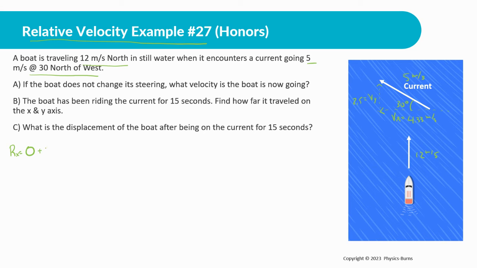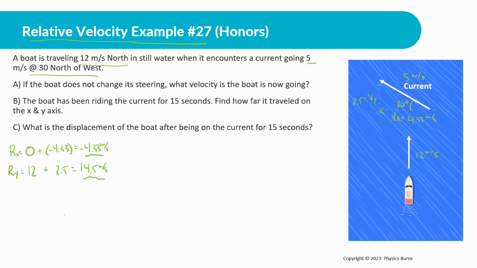Plus the current's going to be pushing it, I'm going to say negative 4.33 because the current's going to be pushing it to the left 4.3. So I'm going to total negative 4.33 meters per second. And the resultant vector in the y, the boat's going 12 up, and the current's going to be pushing it 2.5 up, so that's going to be 14.5 meters per second.